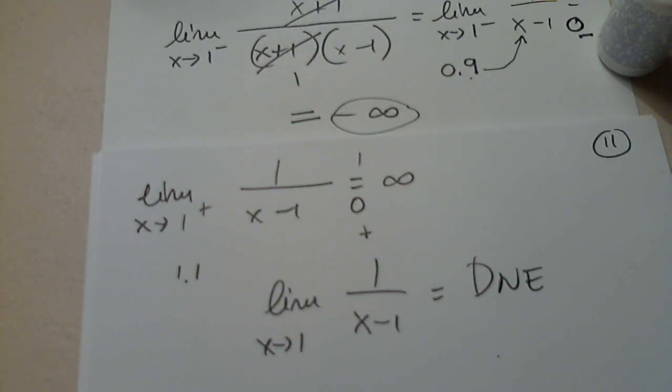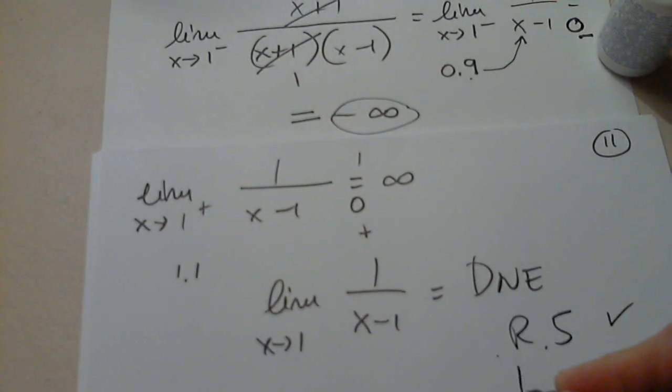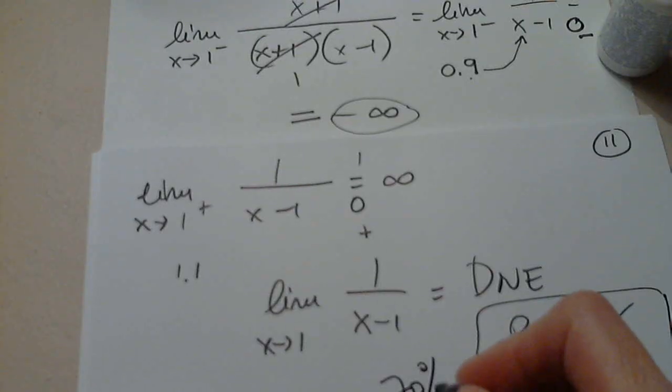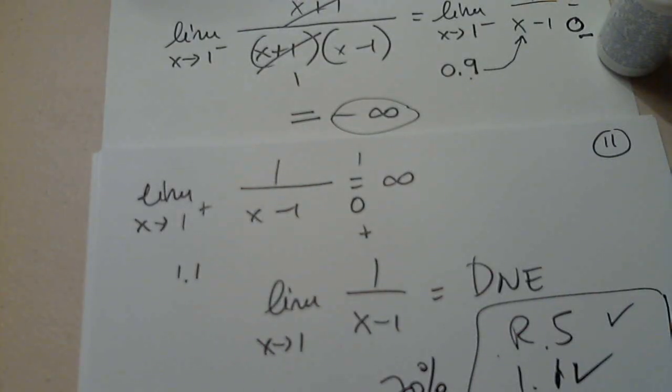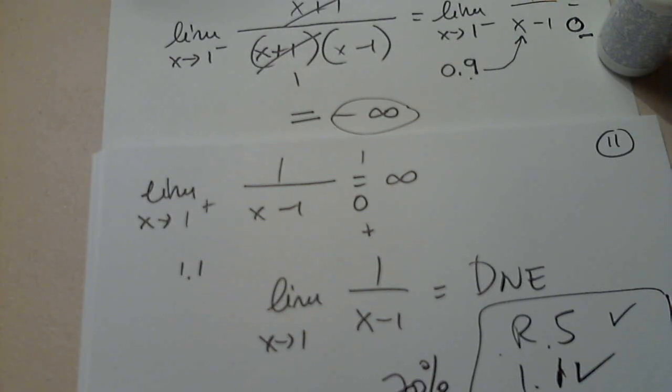Okay, so, just because before I forget, R.5 is complete, 1.1 is complete. So these have to be completed with 70%, and then you can work on them till we take the test. You do whatever you want, but with 70% by Wednesday before class. I'm not even halfway through 1.2.